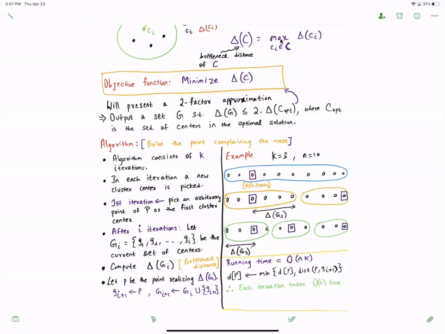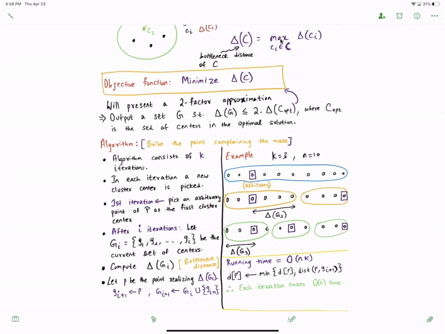And as I was saying, after i iterations, we have a set Gi of g1, g2 up to gi, which are the current centers, right? So now we have to pick the next one. All we have to do is compute the bottleneck distance. Let's say p is the point which is complaining the most, which actually led to this delta of Gi, right?